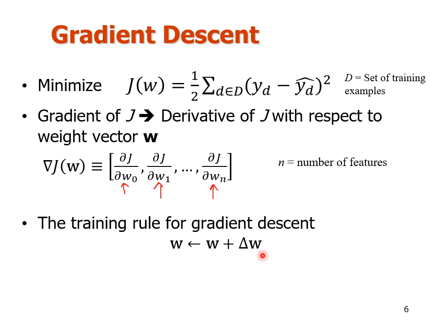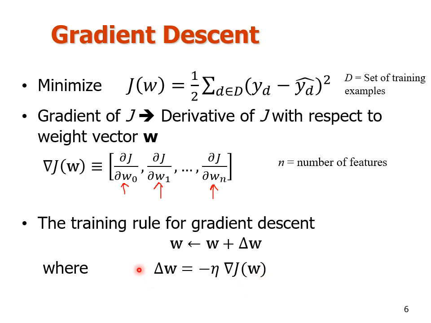How we are going to update this weight vector w is, we are updating w as w plus a small change in w, denoted as delta w. So w is equal to w plus delta w. And how is this delta w being computed? This delta w is equal to minus eta times del j of w.